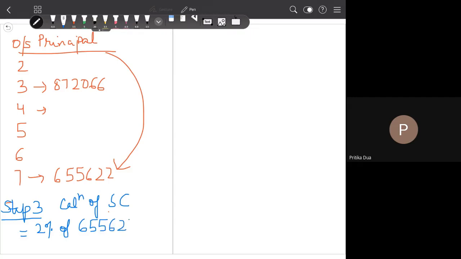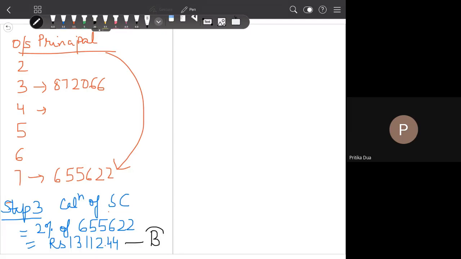This is the amount that will be paid to switch between the options given. So this comes to 13,112.44, and this becomes part B.